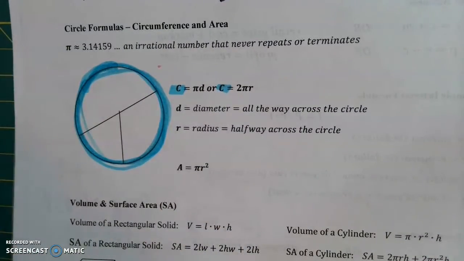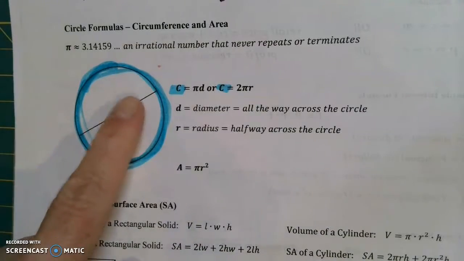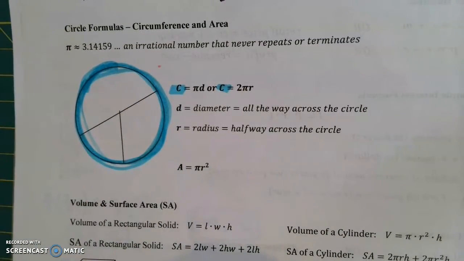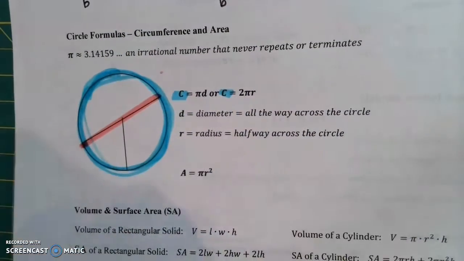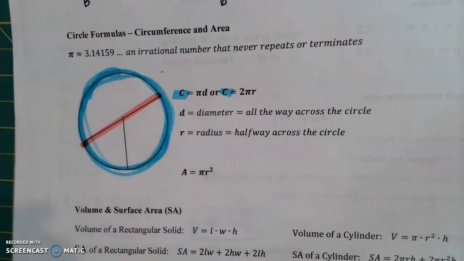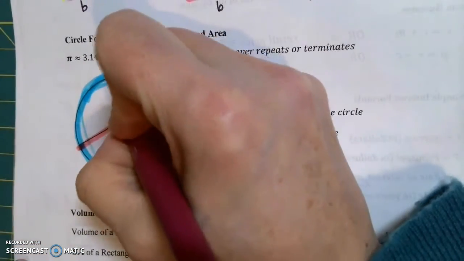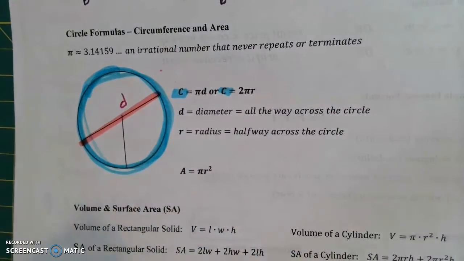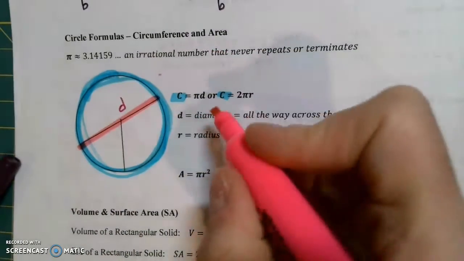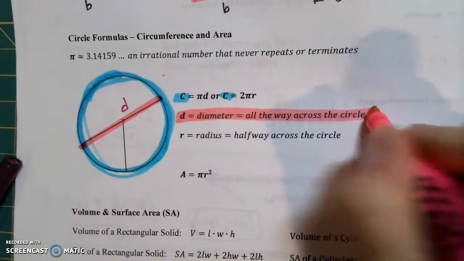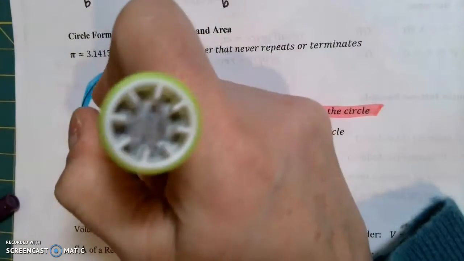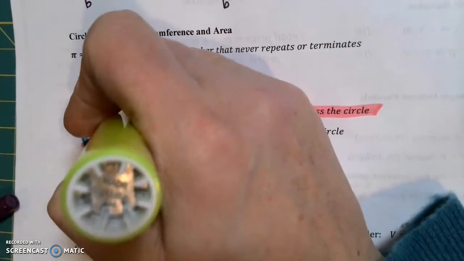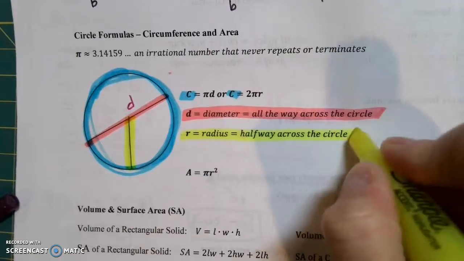To get that, we do look at one of these segments that is in the middle here. This one that goes all the way across is diameter. So diameter is going all the way across the circle. And the one that goes halfway here is the radius.